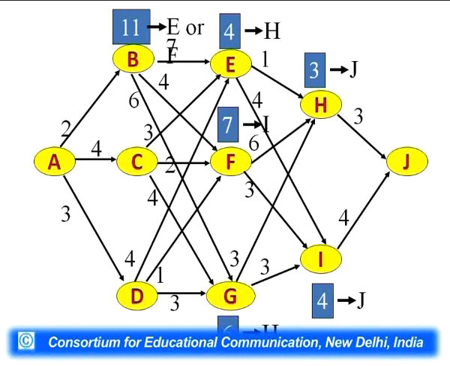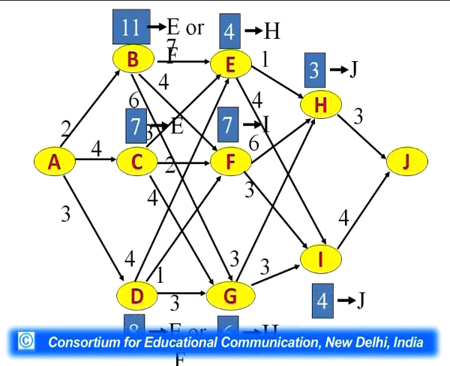Now, at point C, the distance to be covered is 7, and we have to come from E only. Till E, we have covered 4 kilometers and we are to add only 3 kilometers to it. 4 plus 3 makes 7.